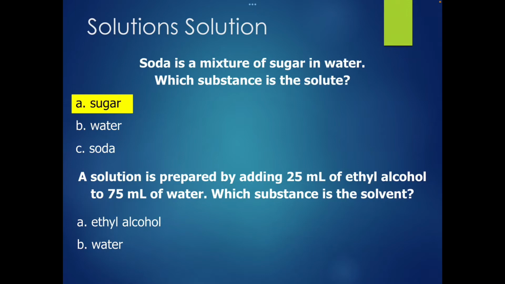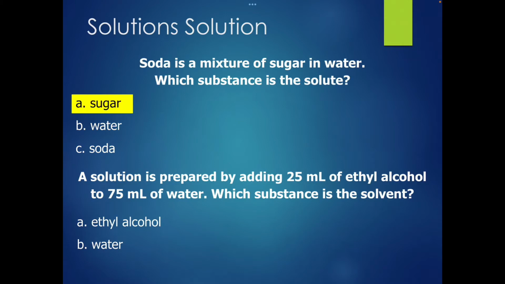All right, let's try this next one. A solution is prepared by adding 25 milliliters of ethyl alcohol to 75 milliliters of water. Which substance is the solvent? Okay, you may not know, but ethyl alcohol is a liquid and water is a liquid as well. So both of these are liquids. So usually that brings us to ask, how do we know which one is the solvent?